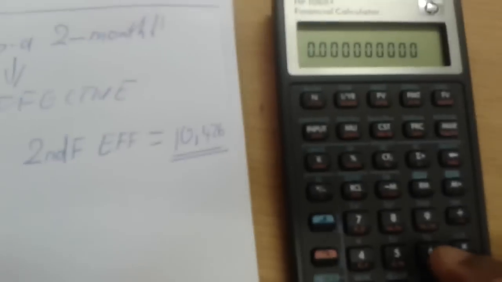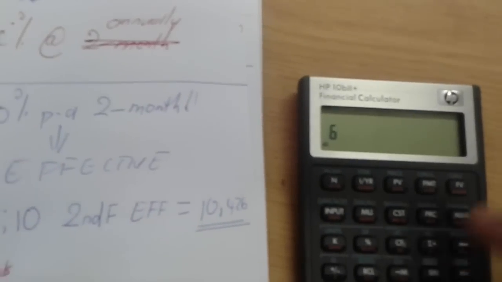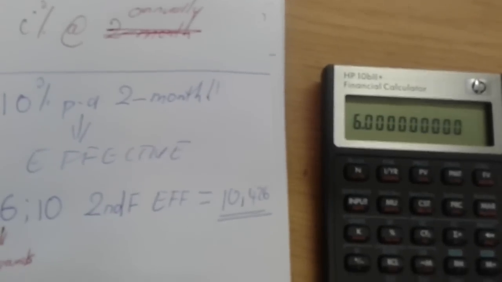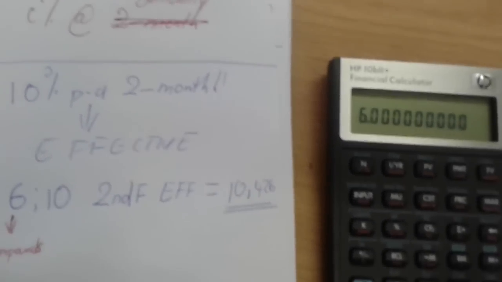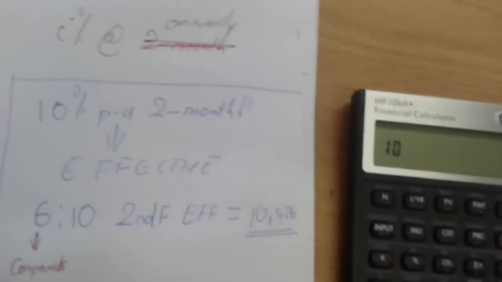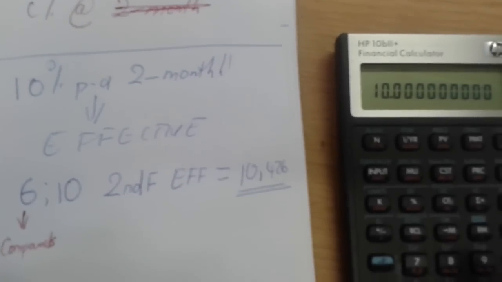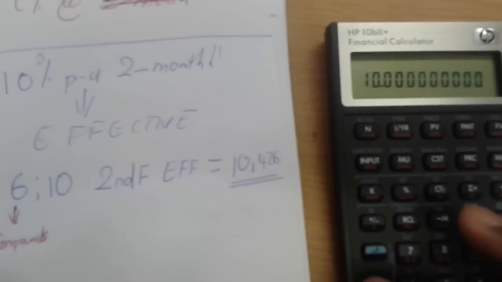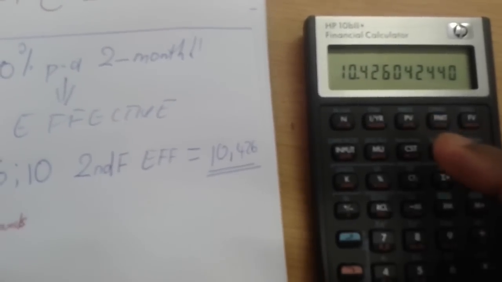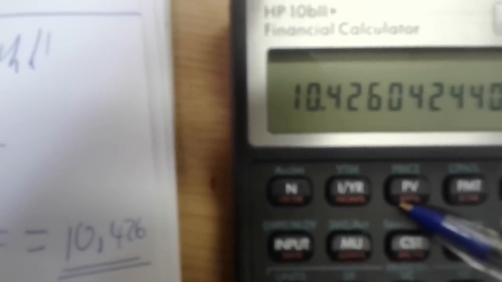Because it's 2 monthly, it's 6 per year. So you go 6 shift per year. So we've set our machine to 6 per year. Then 10 is your nominal rate, and you say second function, EFF. Still the same answer.